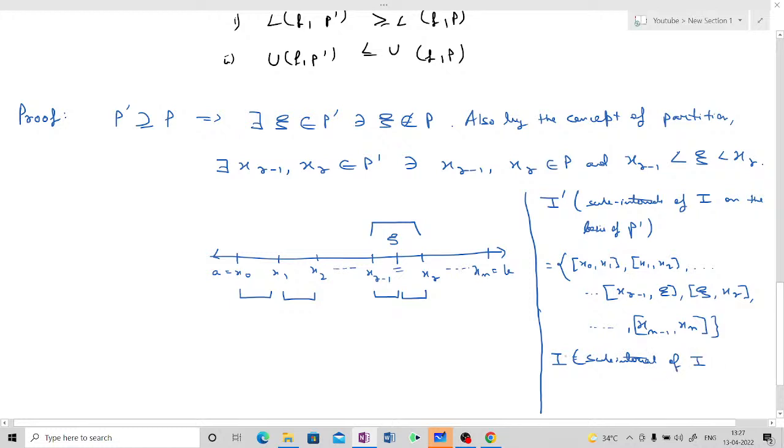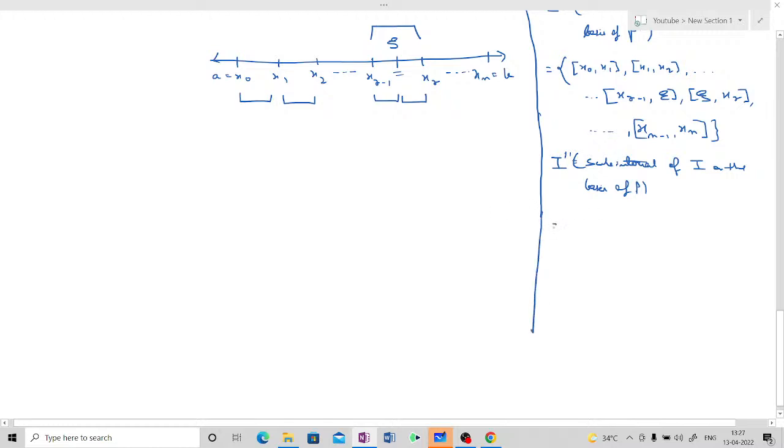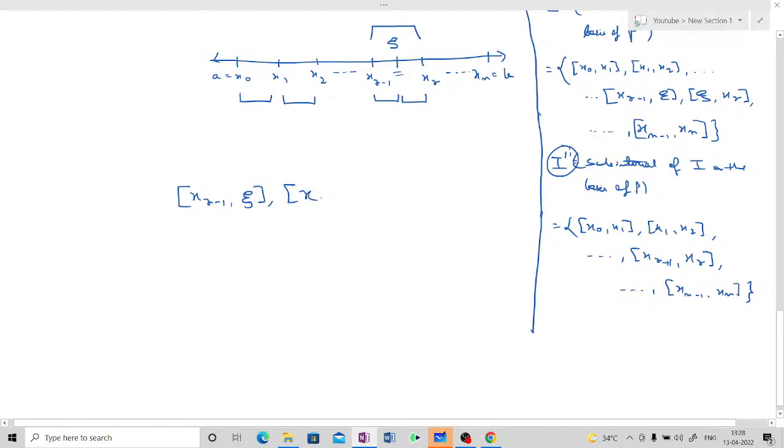Let this be I''. I'' are the sub-intervals of I on the basis of the given partition P. On the basis of P, the sub-intervals will be of the form x0 to x1, x1 to x2, and so on, when we reach x_{r-1} to x_r, till x_{n-1} to x_n. So the only elements which differ between I' and I'' are x_{r-1} to eta and eta to x_r in I', versus x_{r-1} to x_r in I''.